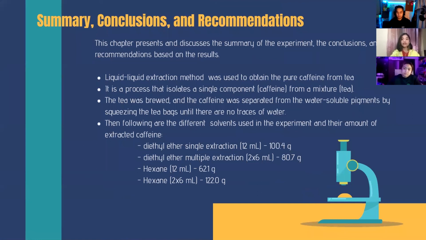For the diethyl ether, using the single extraction, 100.4 grams of caffeine was extracted, and for the multiple extraction, only 80.7 grams of caffeine was obtained. Then for the hexane single extraction, 62.1 grams of caffeine was extracted, and for the multiple extraction, 122 grams of caffeine was extracted.